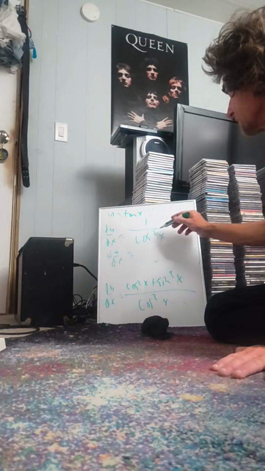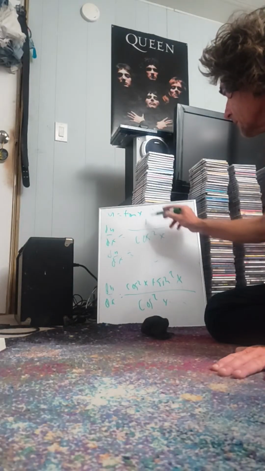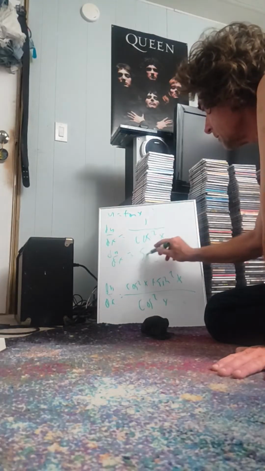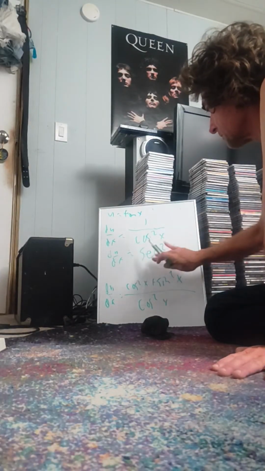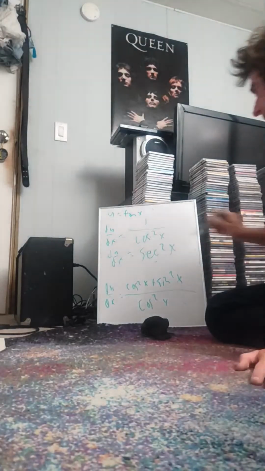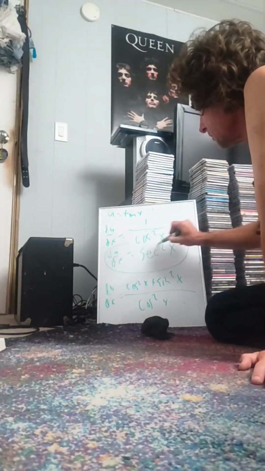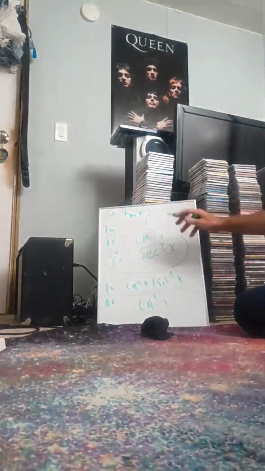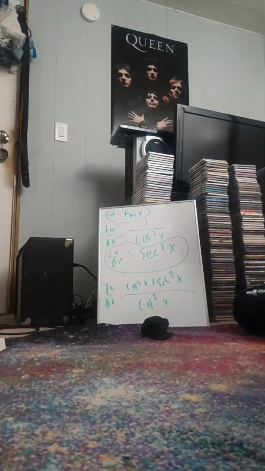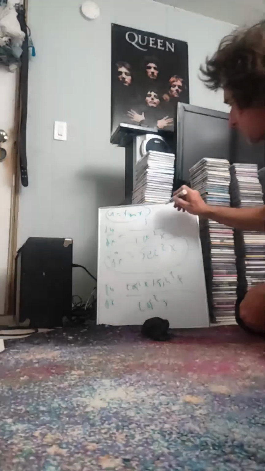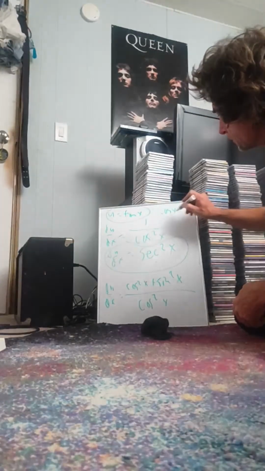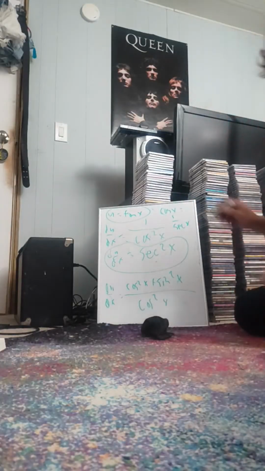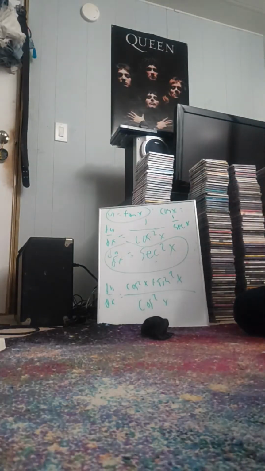So 1 over cosine squared x is equal to secant squared x, and that is the derivative of the tangent x: it is equal to the secant squared x, because cosine x equals 1 over secant x. Just trig again, it's a trig definition.